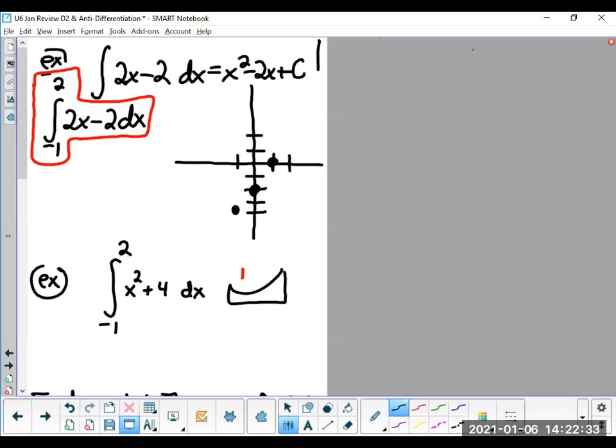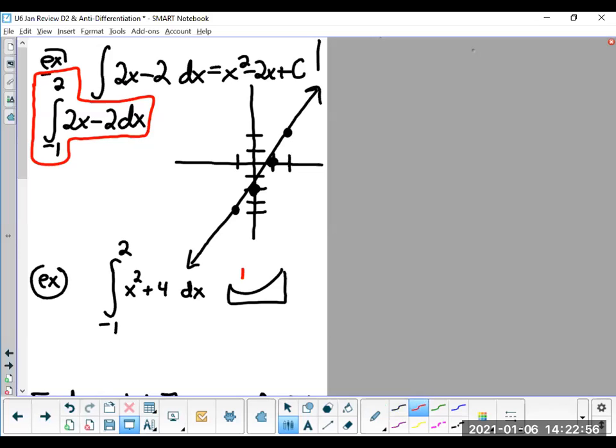Up 2, right 1. I should not have gone to 4, but it doesn't matter. That's good enough. I'll just have to change some things later on. So that is the line, yes? Yes, that is the line.